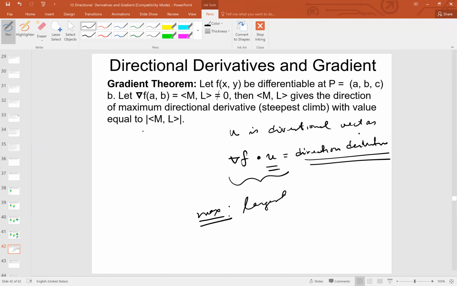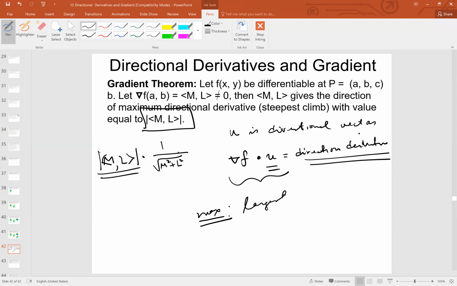If you think about it, the vector that dotted with the gradient gives you the largest has to be in the same direction, coincide. That's when you get the most. When a vector is dotted with itself, it gives you the norm.